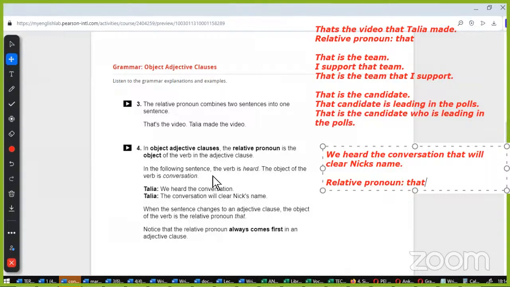Okay, so here, what is the adjective clause?